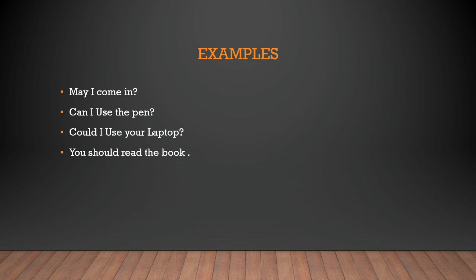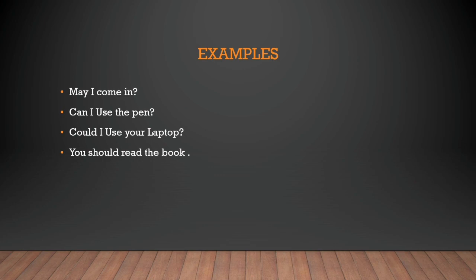Is it clear? Fourth sentence, you should read the book. The book is very good for you. Your teacher said that you should read the book because this book was perhaps necessary for you. That's why your teacher told you to read the book.